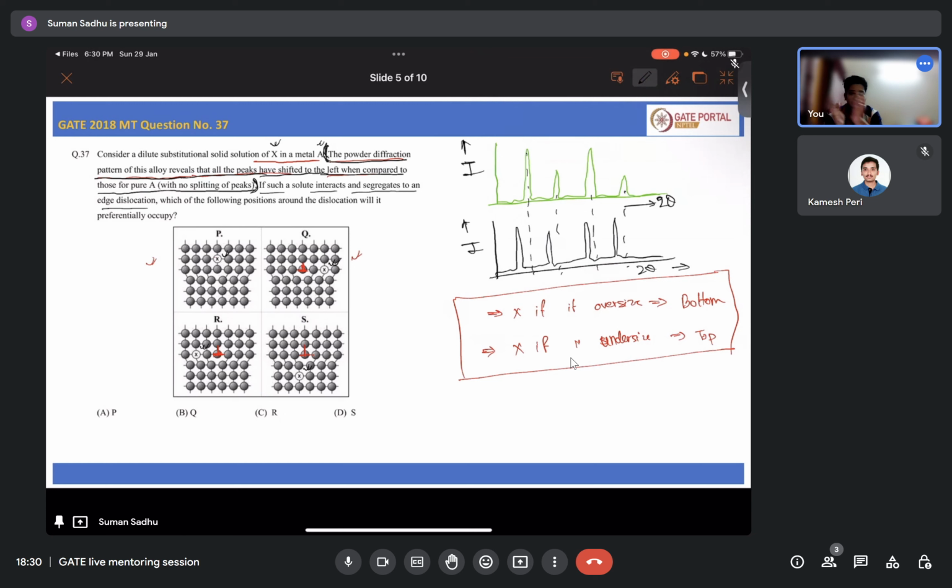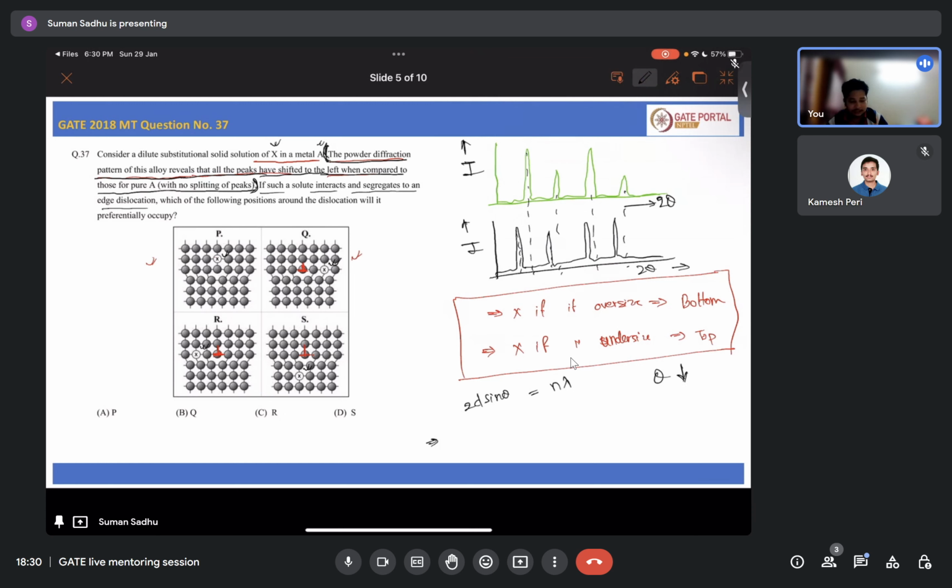So the peak shifting to the left side means what? Your theta is decreasing, right? If you see Bragg's law, n lambda is equal to 2d sine theta. Theta is decreasing because the peak is shifting to the left.